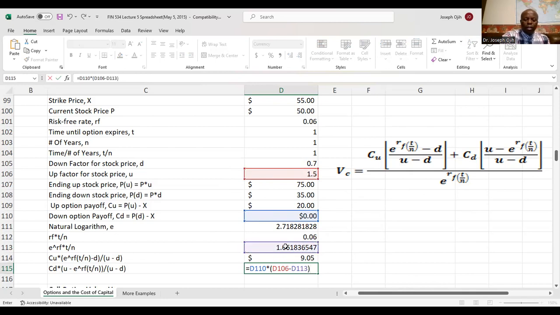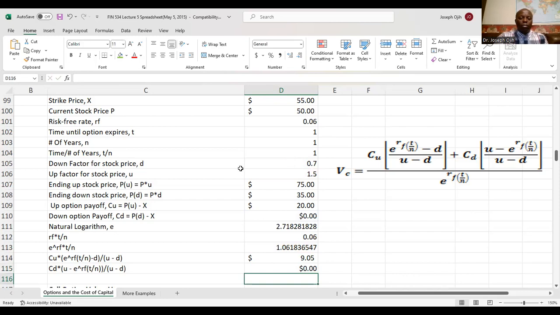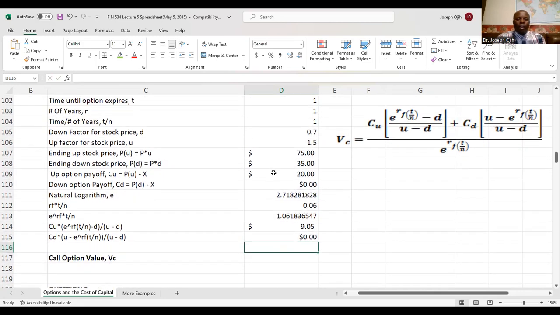Divided by U minus D. Now U is this minus D. Close the parentheses and press the enter key. It was 0. Now, at this point, we're ready to combine all this so that we can get the value of the call option.